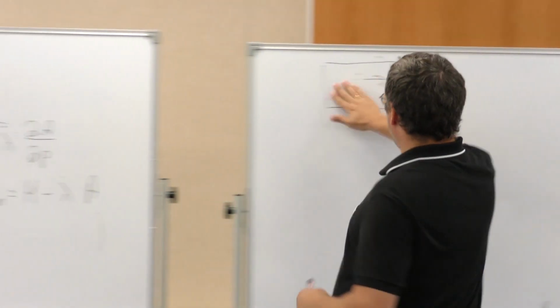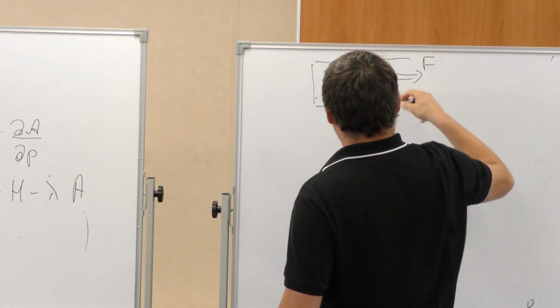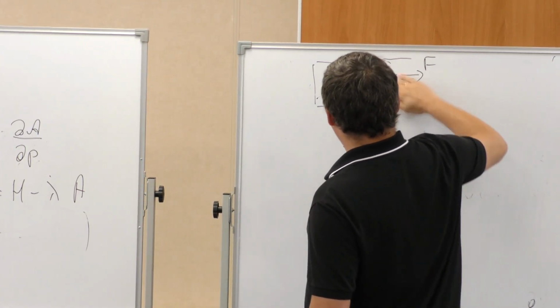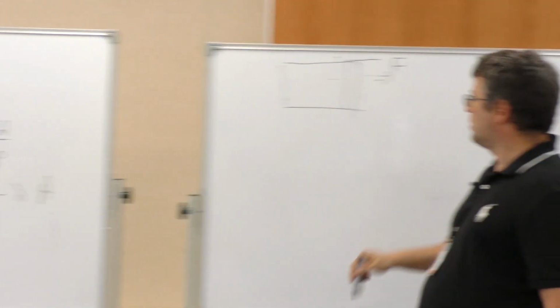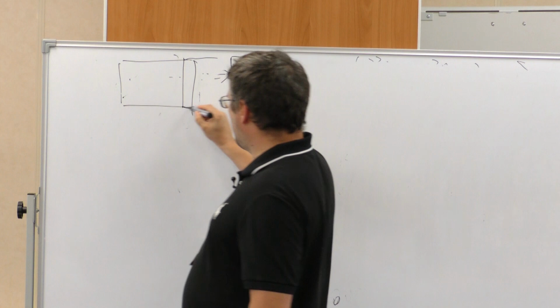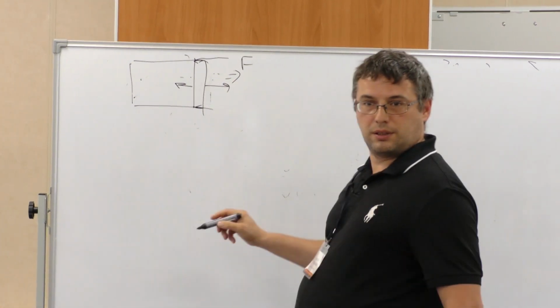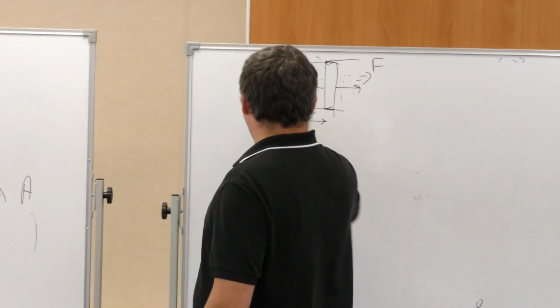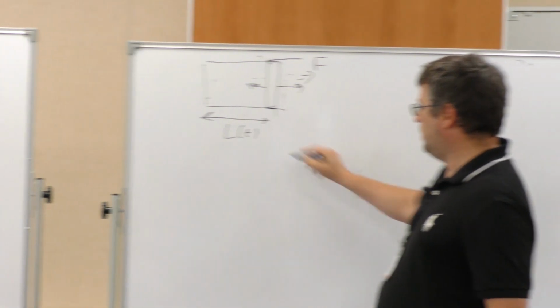Now let me consider a slightly less trivial example. It's still probably a problem which is familiar to many of you, but I want to put it in a context. Let's assume that instead of a box, I have a piston, which can move left or right. I will call my lambda L of t.